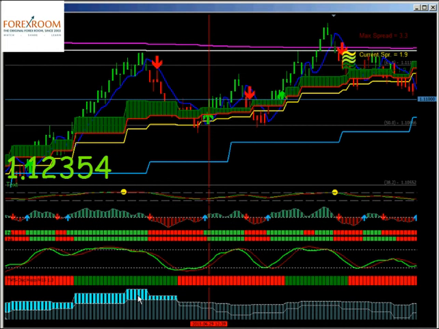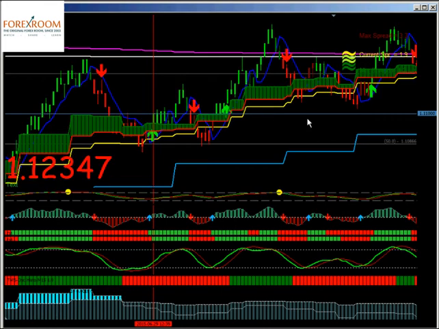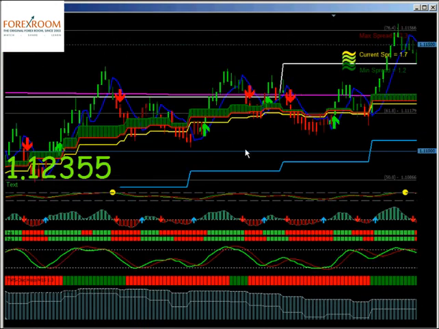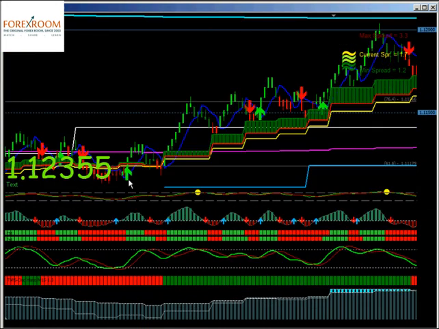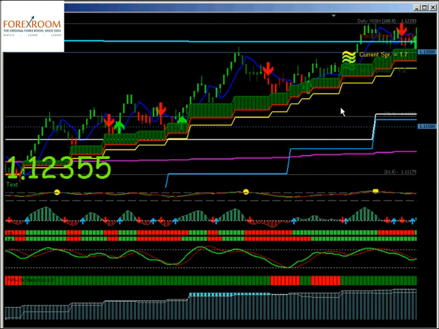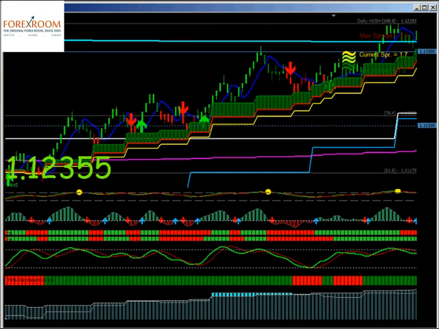These bands and this indicator in the bottom actually tell him that this is the time to buy, not to sell. So he will ignore all the sell entries. Price keeps moving higher. If you are an aggressive trader, you can take all of these buy entries, and you can see price kept moving up the whole day.